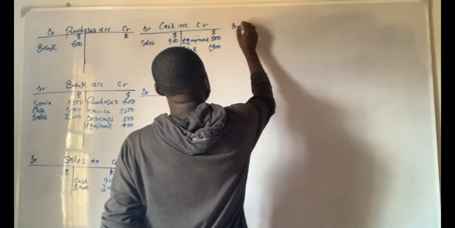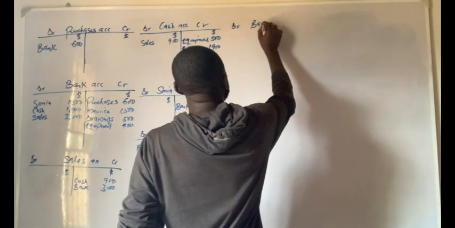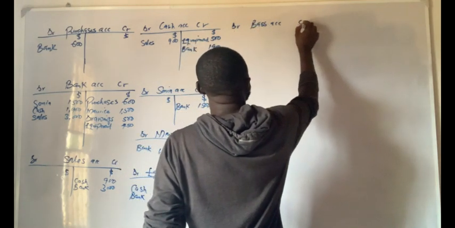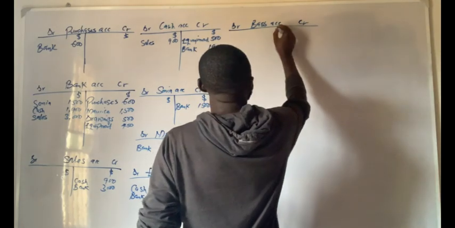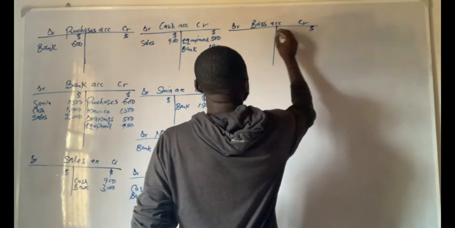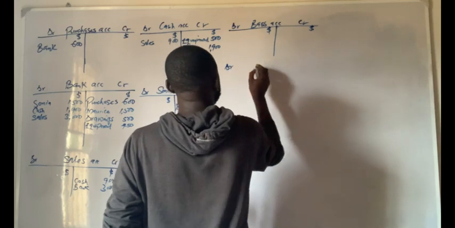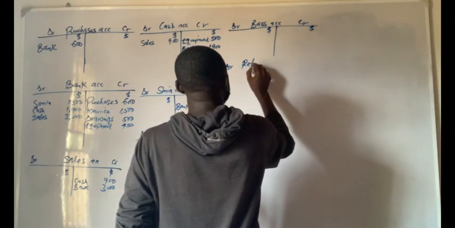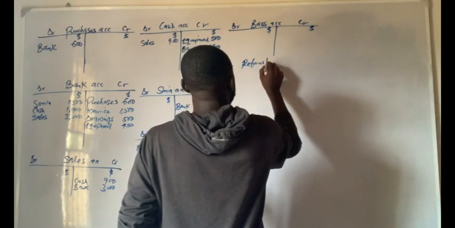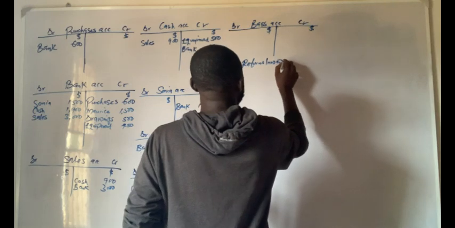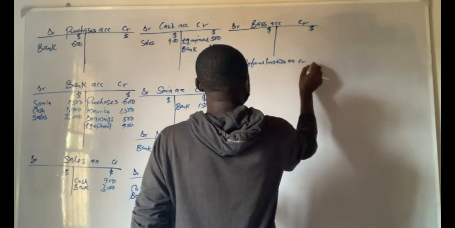So let's say debit, we have BAS account, then I have credit. So also we have debit, and I have returns inwards account.